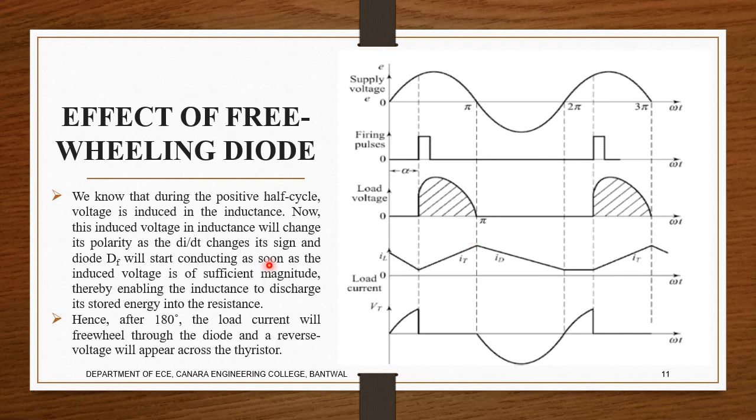So after 180 degrees the load current will freewheel through the diode, and the reverse voltage will be across the thyristor. So this is the half. Whatever is there will not go to 0 in one second; it will change its polarity, and during the negative cycle it will return here.